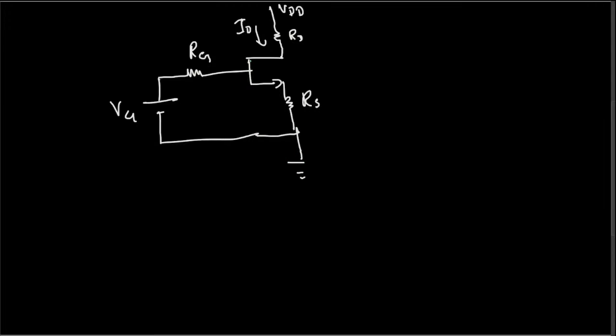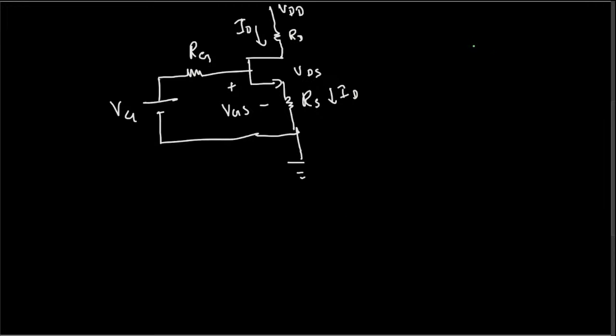The voltage between gate and source is called VGS, and the voltage between drain and source is called VDS. ID should be the same current flowing through this, because there's no IG current, because the current through the gate is 0, so the same current should be flowing here as well.